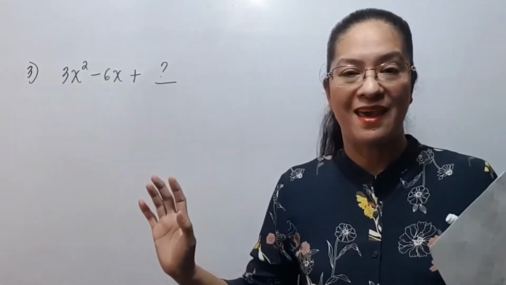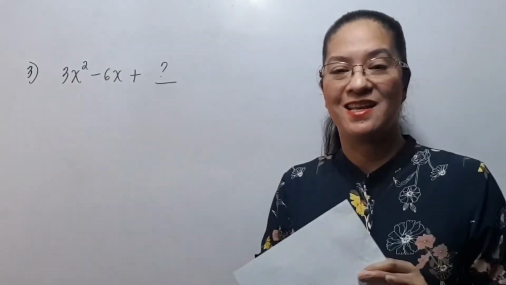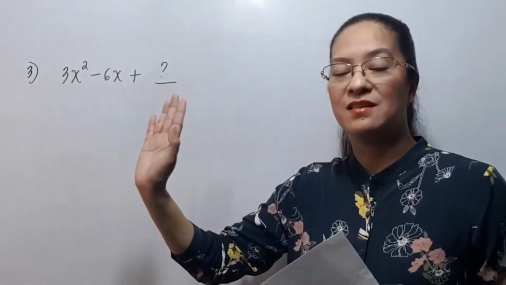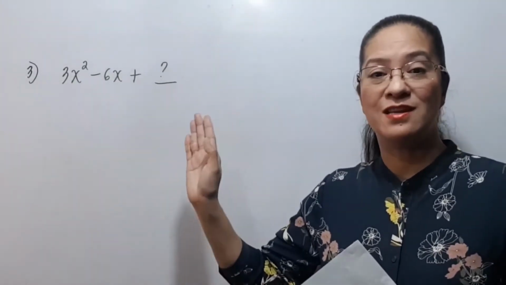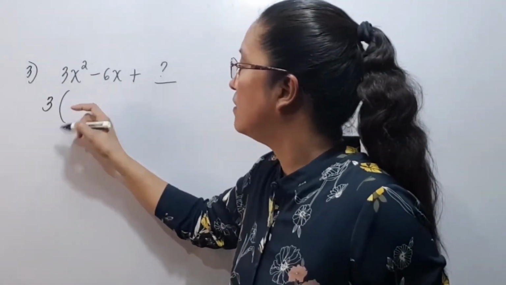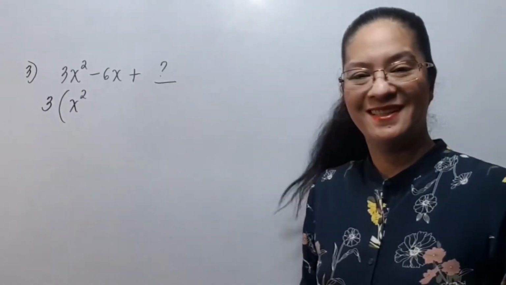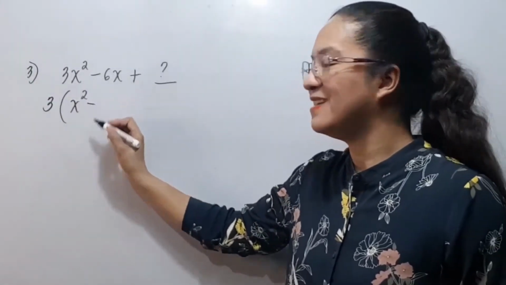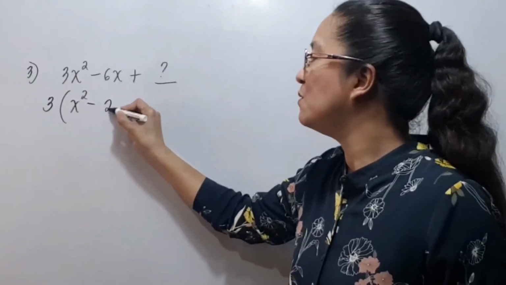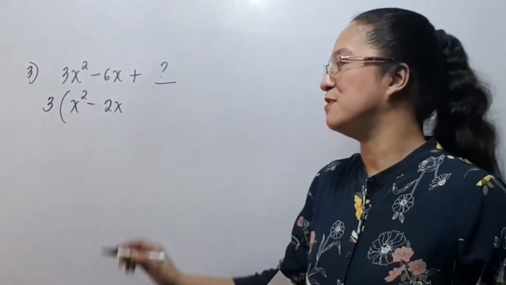So in that case, kapag ang coefficient niya ay greater than 1 ng x squared, ilabas muna natin yung 3, the coefficient of x squared. So we factor out 3 here. So 3x squared divided by 3 is x squared. Okay? Minus 6x divided by 3 is 2x. Okay. So na-factor out na natin yung 3.